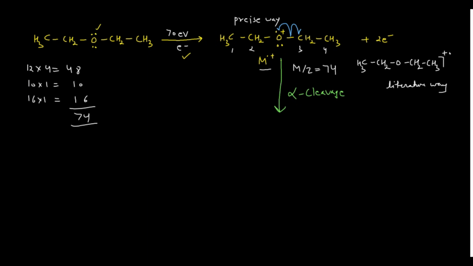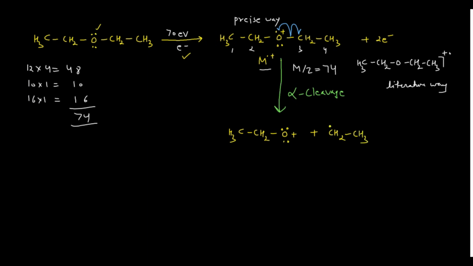So it will result in this particular species, CH3 CH2 oxygen, and this oxygen is now having 2 lone pairs with a positive charge, plus CH2 CH3 radical.